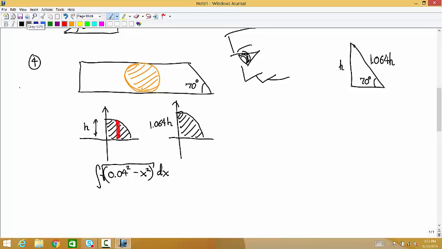Okay, so this expression here, the integrand, just gives you the area of one of those infinitesimal strips. And so these infinitesimal strips are just 1.064 times this one.